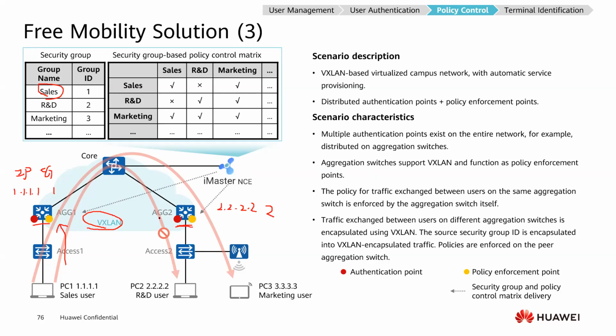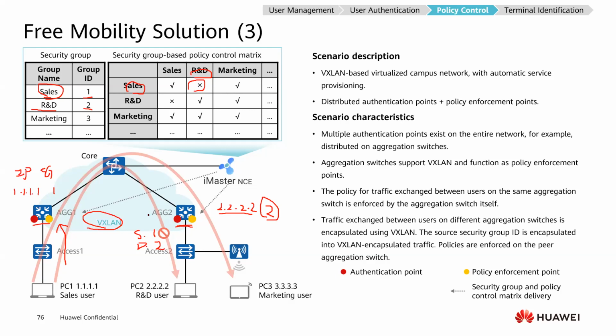When the aggregation device receives this packet, it will find the source security group is 1, and it will find the destination address matches the destination group 2. So 1 matches sales, 2 matches ID, and from sales to ID the policy is deny. So here it will discard this traffic.